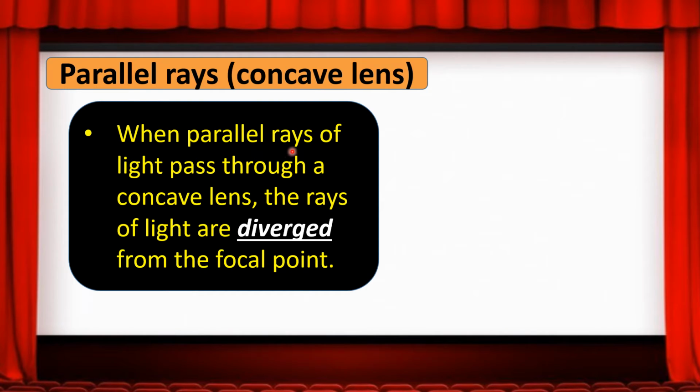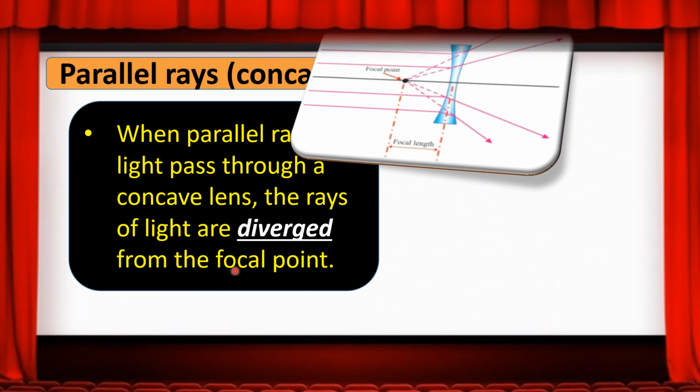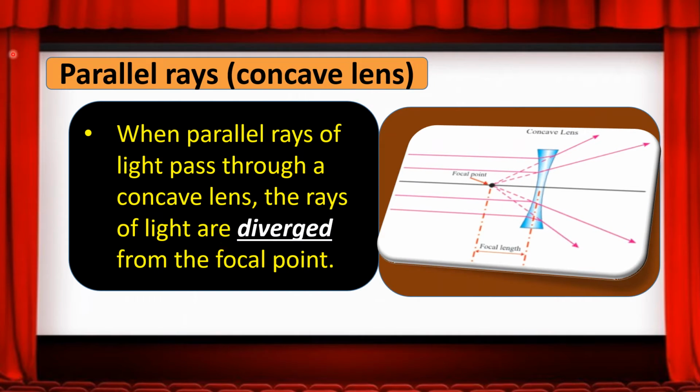When parallel rays of light pass through a concave lens, the rays of light are diverged from the focal point. Okay, so this is the focal point. Then when the parallel rays of light pass through, the light rays are going to separate from each other and will never meet again. So this is what we call parallel rays that pass through a concave lens.